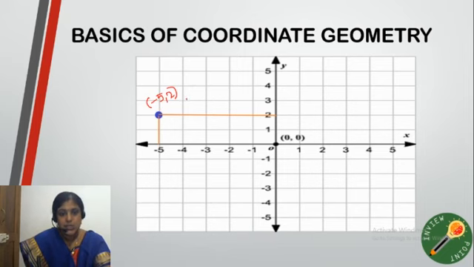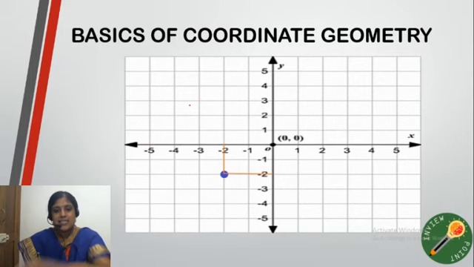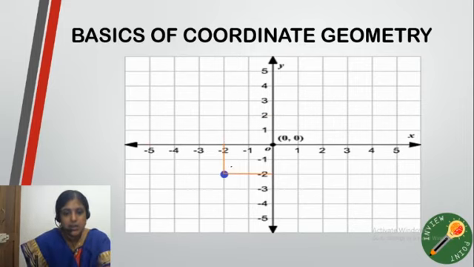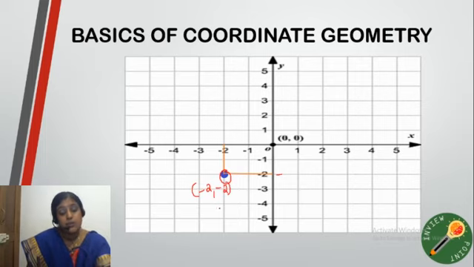Is it clear, students? Then let's consider a point in the third quadrant. See, this is the point. Here the x coordinate is what? Minus 2, right? The x coordinate is minus 2 and the y coordinate is minus 2. So here both values of x and y are negative.